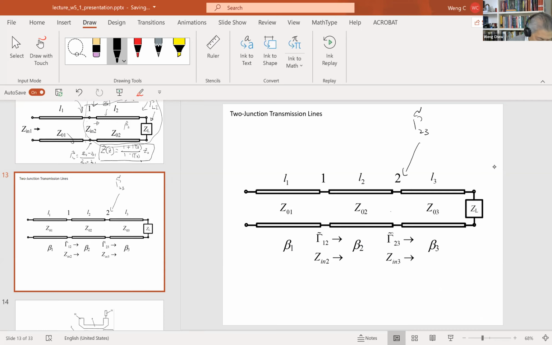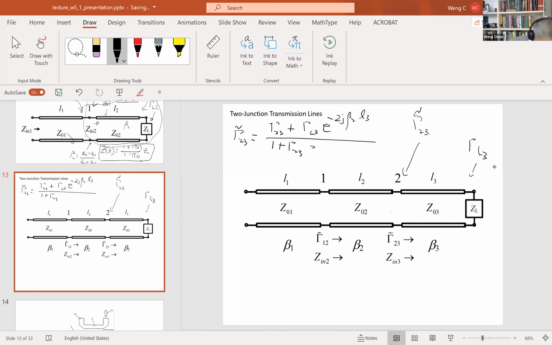And if I apply the same formula, I would find that gamma 2, 3 tilde would be equal to gamma 2, 3 plus gamma L3, let's call this gamma L3, okay, e to the minus 2j beta 3 L3, over 1 plus gamma 2, 3 gamma L3 e to the minus 2j beta 3 L3.